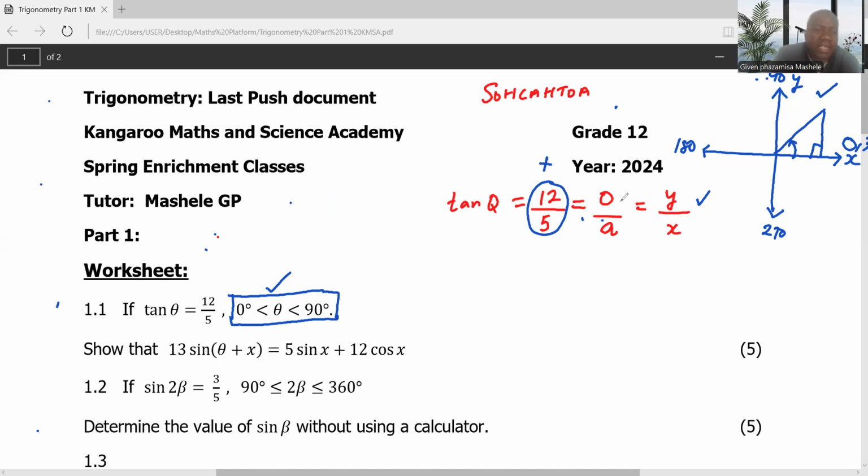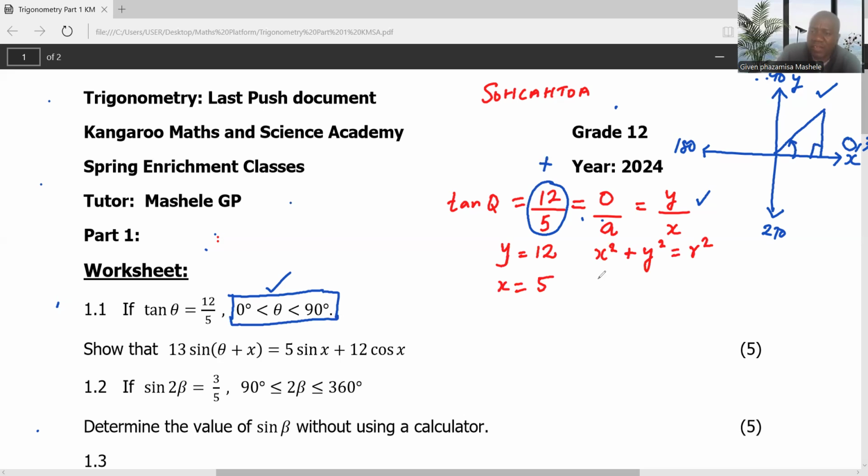So now we're going to say, since tan theta is 12 over 5, what is the y value there? The y value is 12. And what is the x value? The x value is 5. So you're going to use the theorem of Pythagoras to determine the value of r. Remember, r is always positive, the hypotenuse.